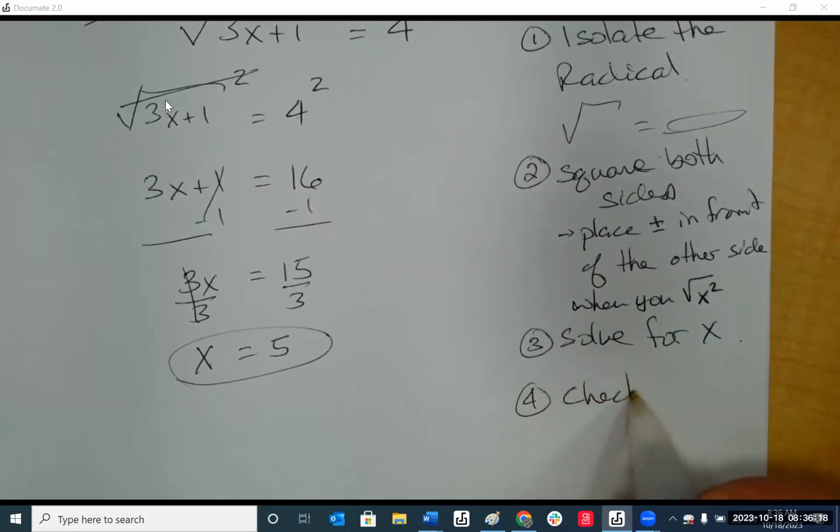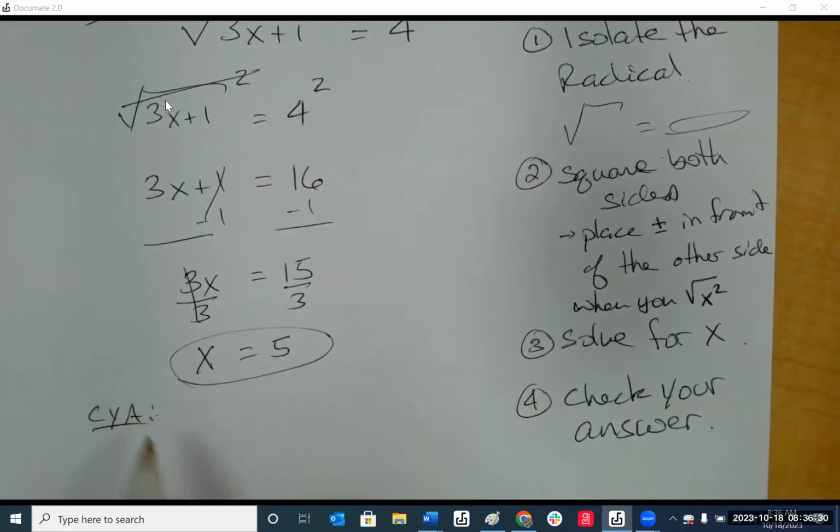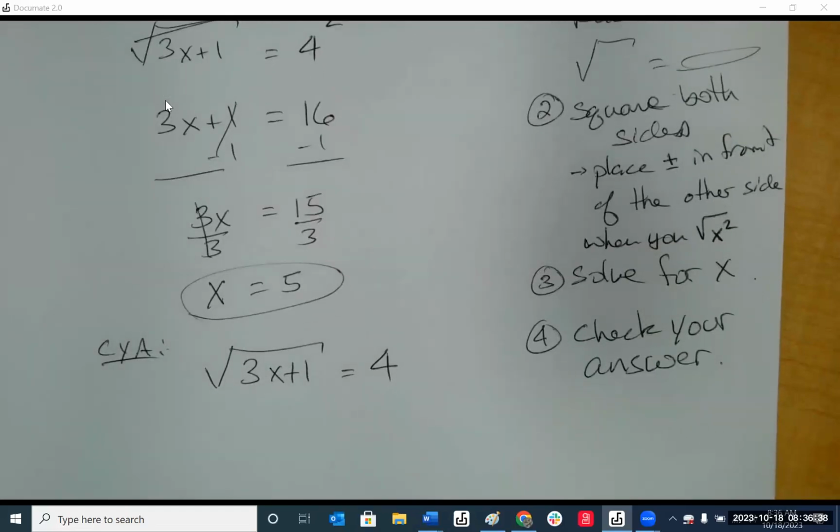Again, check your answer. So CYA. Always check your answer with the original equation.